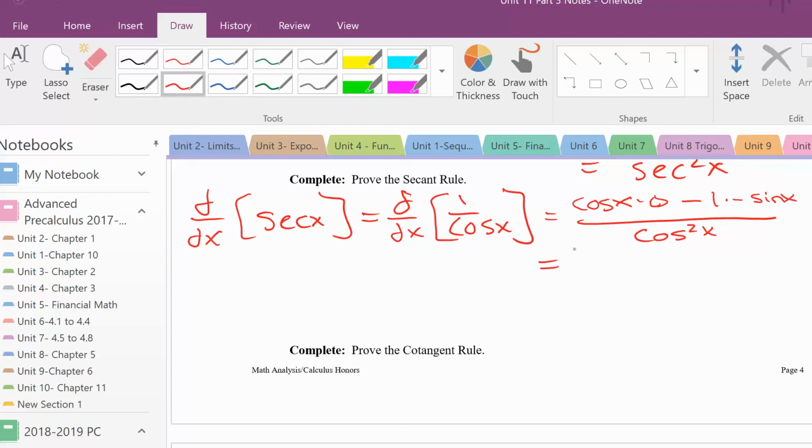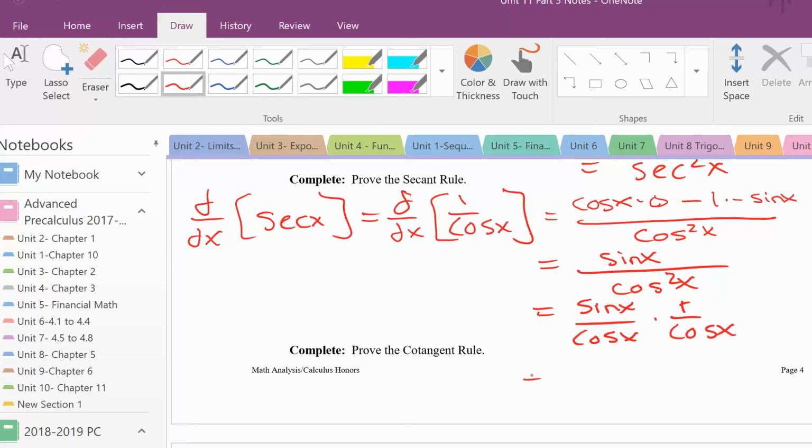So then it becomes sine x over cosine squared, which equals sine over cosine times 1 over cosine, which means it's equal to the tangent times the secant. So that's for the secant rule.